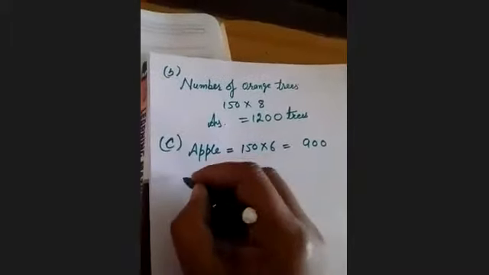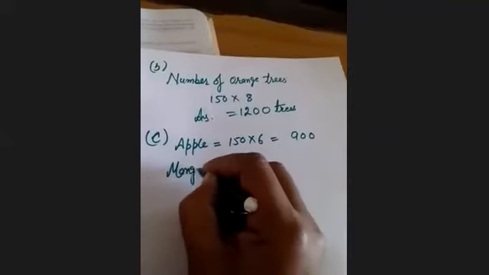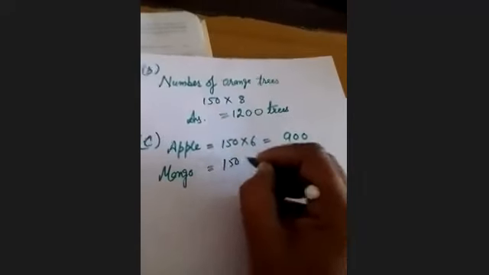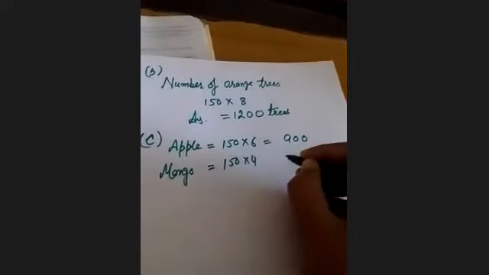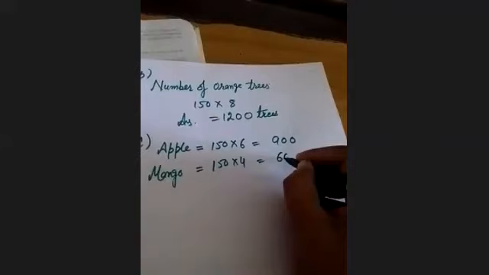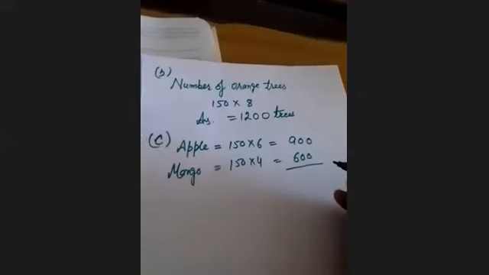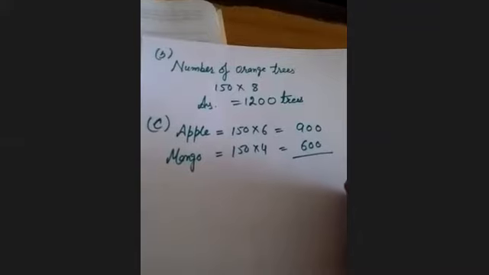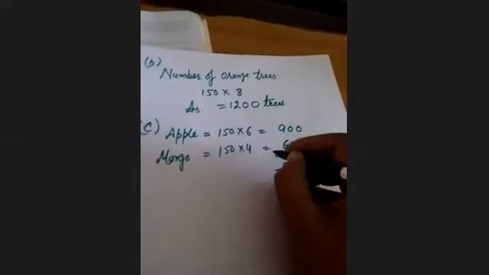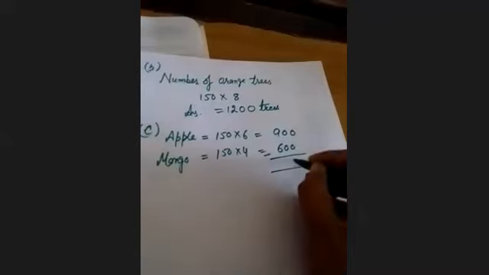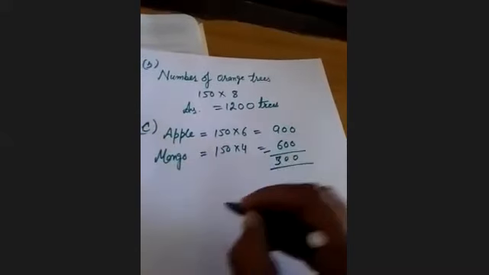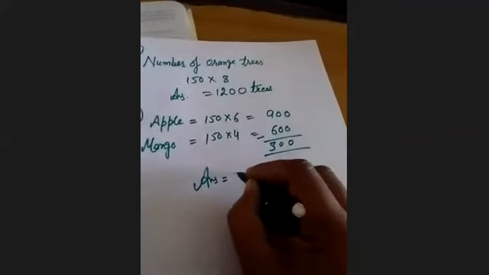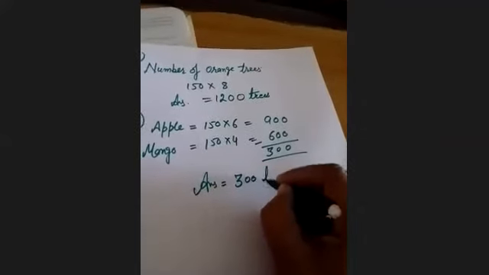And mango tree: 150 multiplied by 4 is 600. Now find how many more apple trees are there than mango trees. Now subtract and find the answer. So our answer is 300 trees.